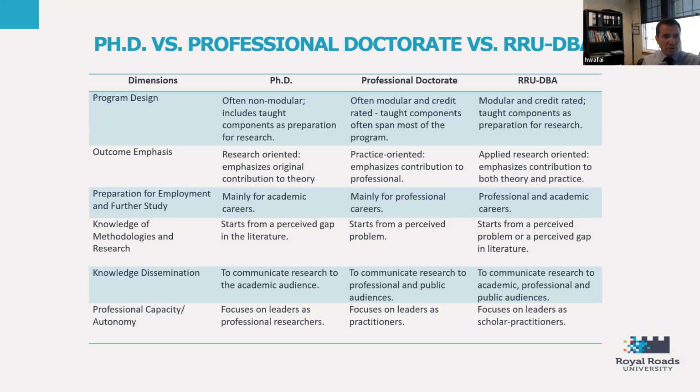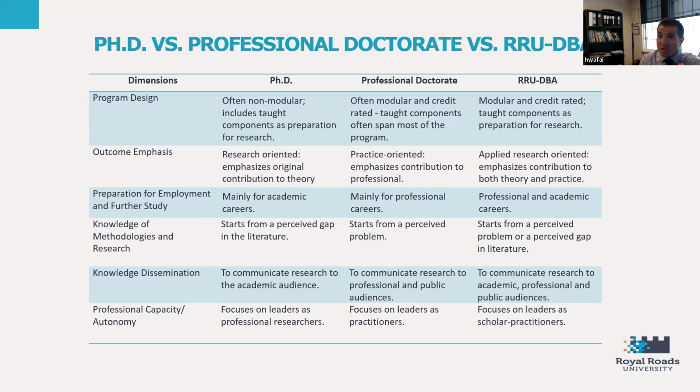In terms of knowledge dissemination, as a PhD graduate, you are expected to communicate your research to an academic audience, and only to an academic audience. The key measure of your success is the degree to which you are able to publish in academic journals.